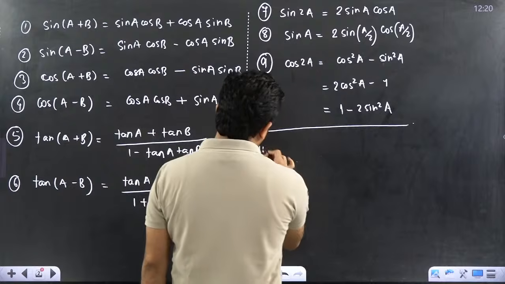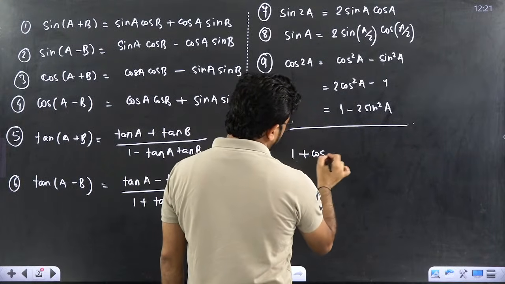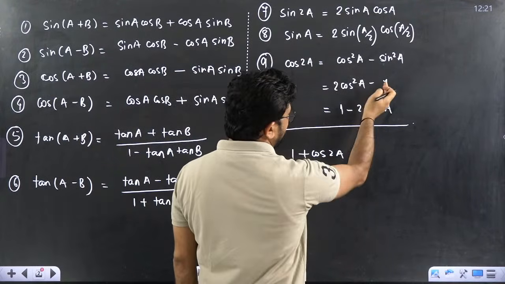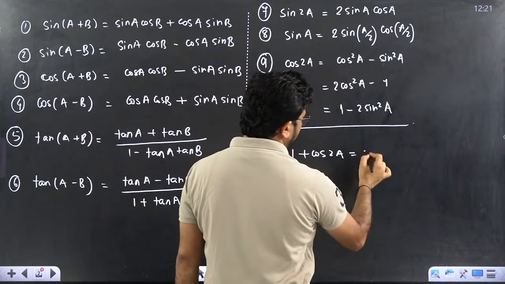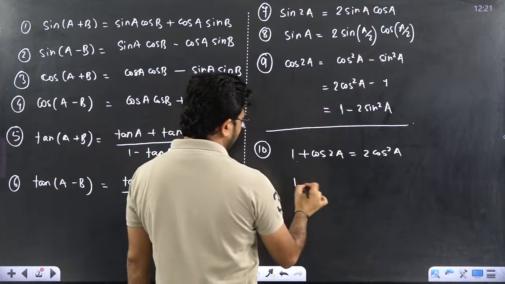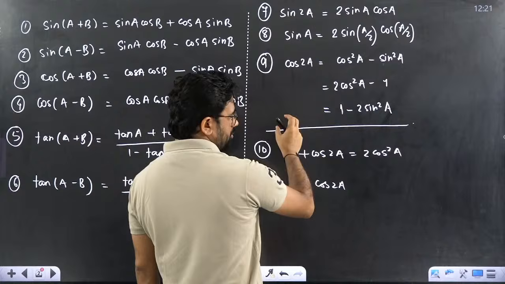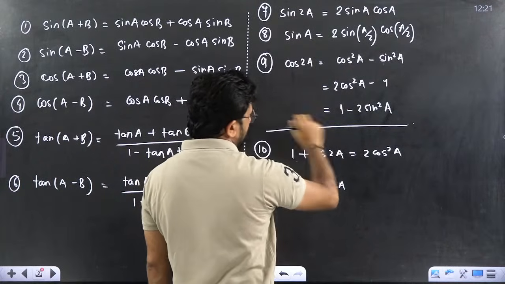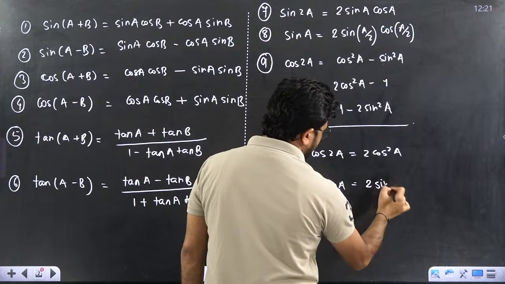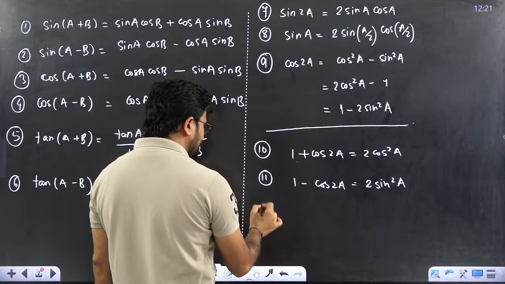Next, I can write here, beta, you have to understand. Sometimes we write 1 plus cos 2A. That is equal to, if you take 1 this side, 2 times cos square A. Or I can say 1 minus cos 2A: from this expression I take 2 sin square A this side and cos 2A to the right hand side, so you will get 2 sin square A. Sometimes these same formulas are written in terms of the half angle.